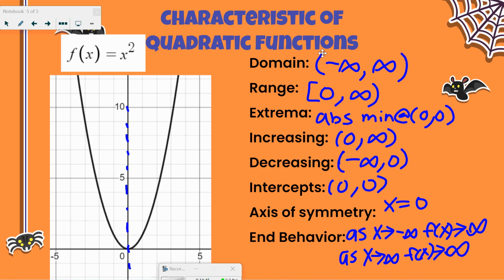I will say though, if you look to the left and to the right, noticing here's my vertex, if I look to the left one and to the right one, that can give you a good estimate, and we'll prove algebraically what that A value would be. So if I went to the left and to the right one and up one, what are you going to predict the A value would be here? 1, right? That's like up 1 over 1. And then to get to the point after that, notice I'm going up 4 over 2.